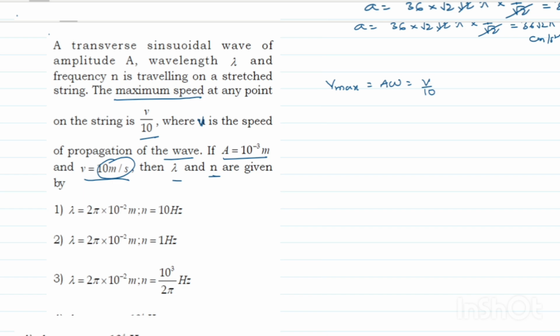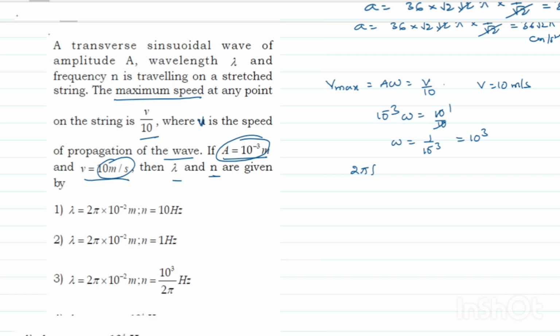So when you substitute, A omega equals v by 10, and the amplitude is 10 power minus 3 into omega. Velocity is 10 meter per second, so 10 by 10 gives 1. So omega equals 1 by 10 power minus 3, which is 10 power 3.